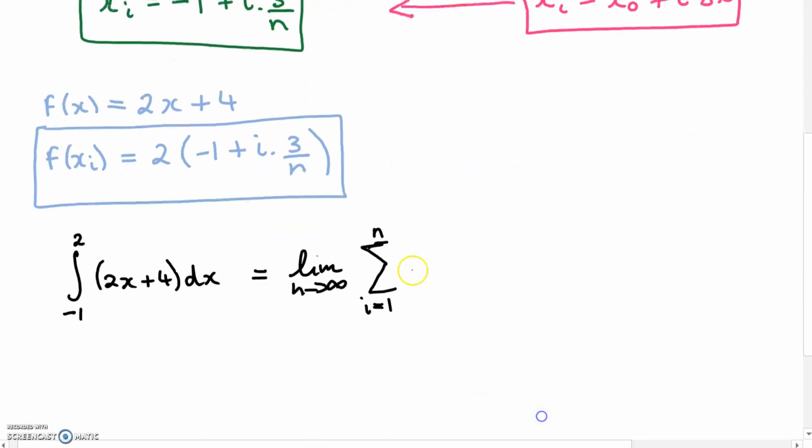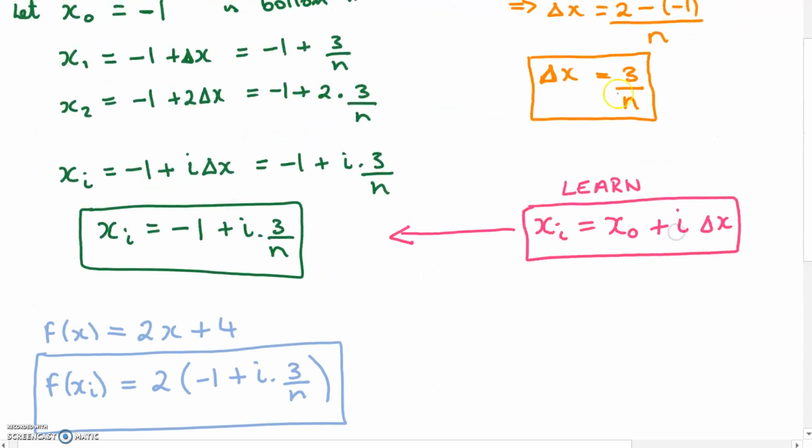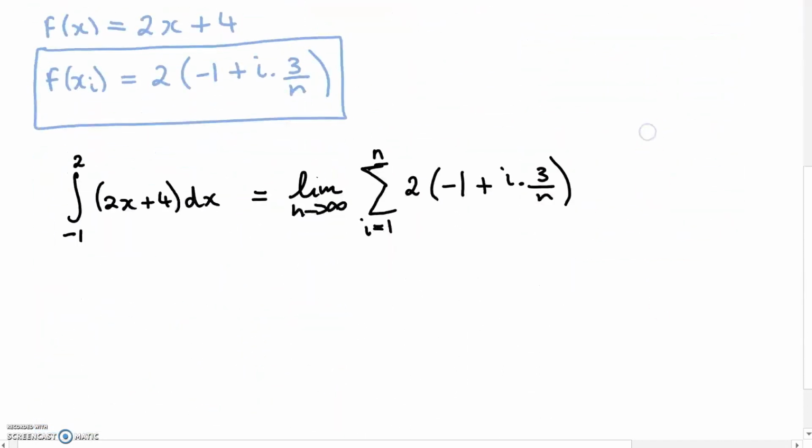So f of xi is 2 times -1 plus i by 3 over n by delta x, and delta x, if you look up here in orange, is 3 over n.